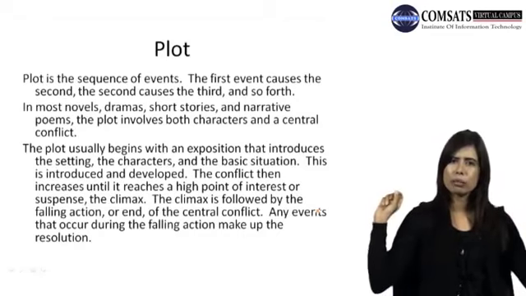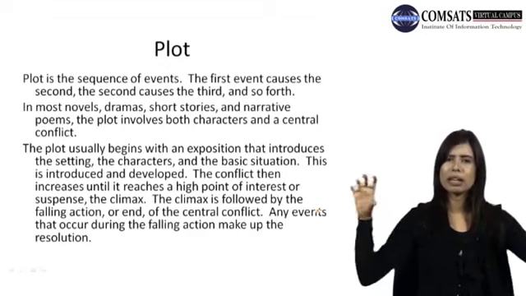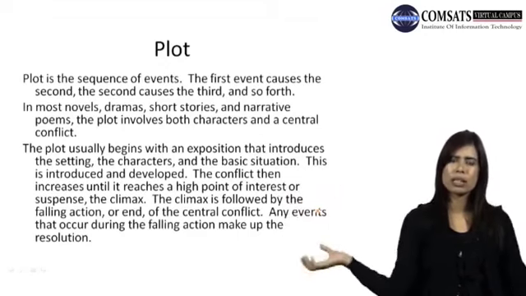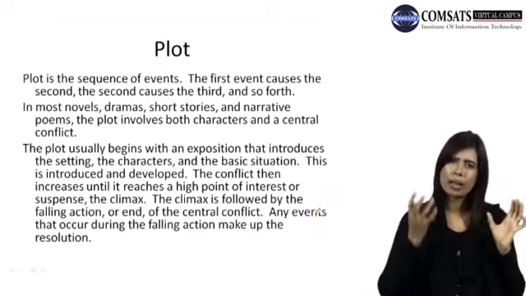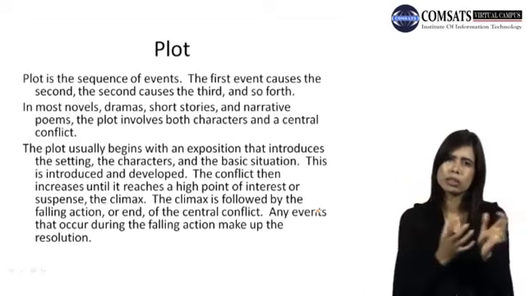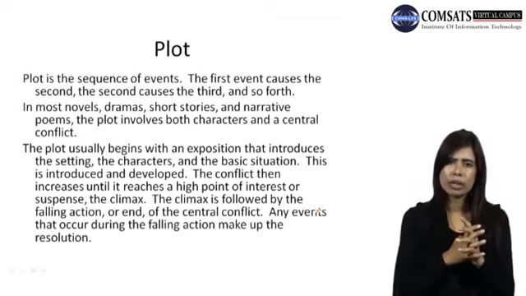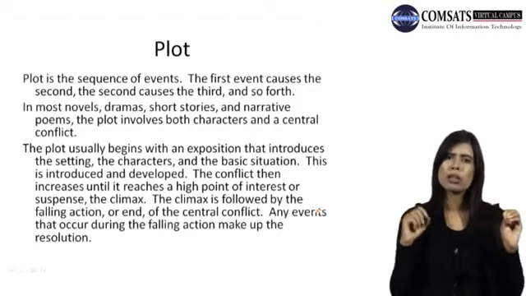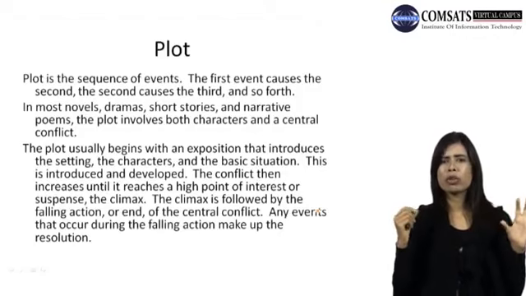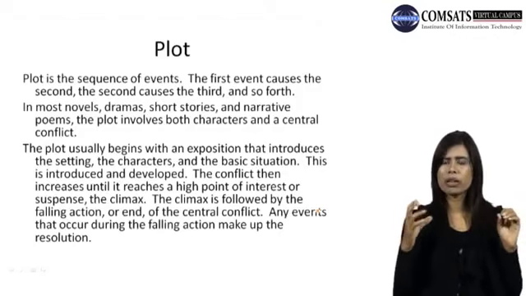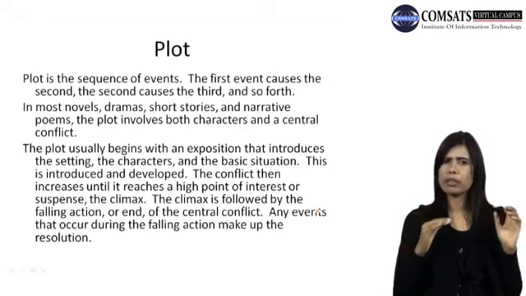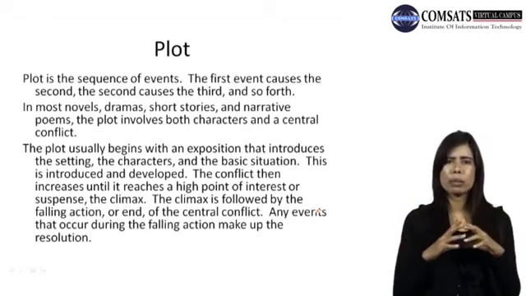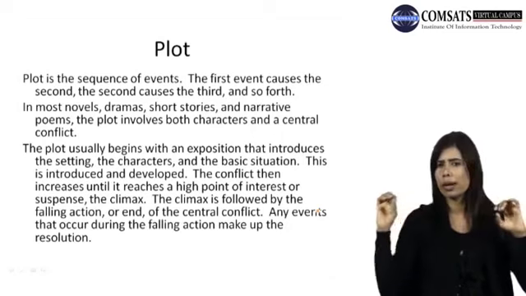So here you can see both the characters, the protagonist as well as the antagonist, the hero and the villain, go simultaneously in the plot. Here we are talking about most of the novels, because if there isn't any element or force of resistance somewhere, it definitely won't be that effective. My dear students, keep in mind this is only one example.